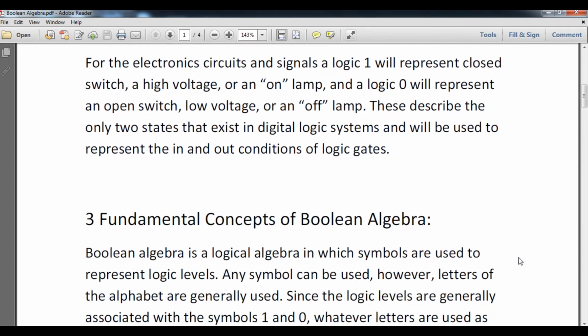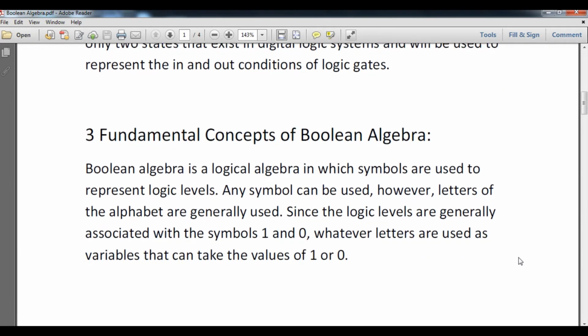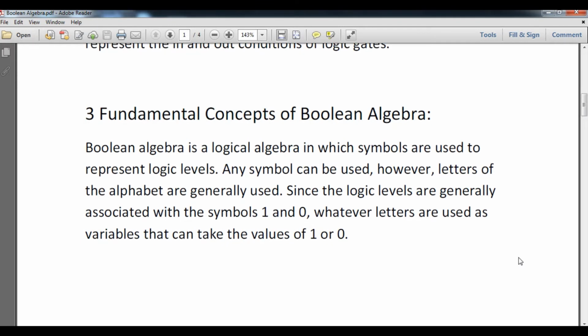Now the fundamental concept of Boolean algebra. Boolean algebra is actually a logic algebra in which symbols are used to represent the logic levels. The logic levels are, as I just explained, 0 and 1, but any symbol can be used for that.